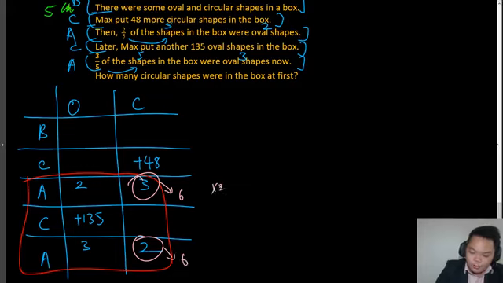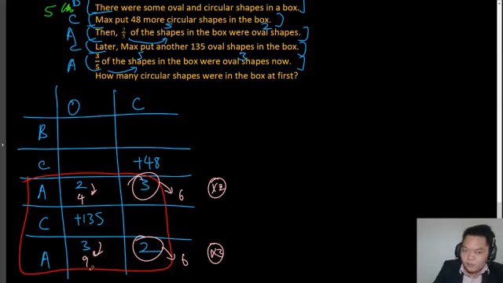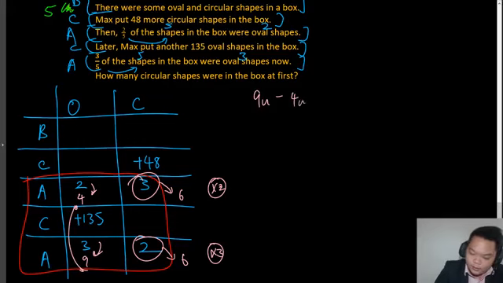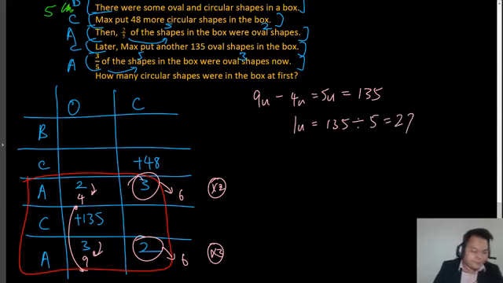Multiply this by 2, multiply this by 3. And then you will see that to maintain all the equivalents, everything else has to be multiplied. Okay, so once you got that ready, from 4 units down to 9 units, change in units is 5 units. Change in value is 135. So 1 unit here will be 135 divided by 5 to give you 27.